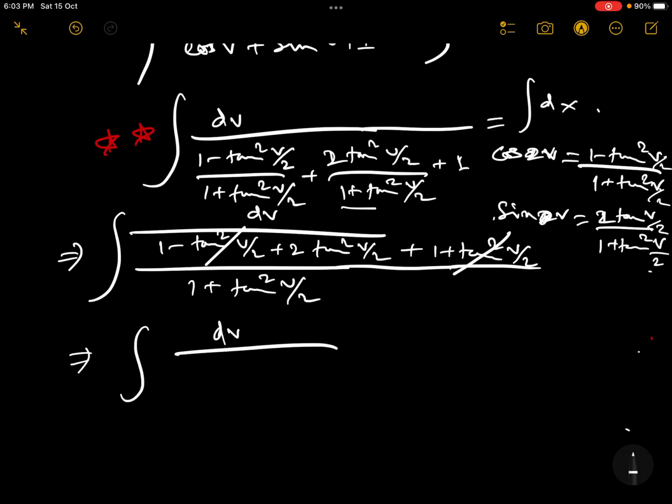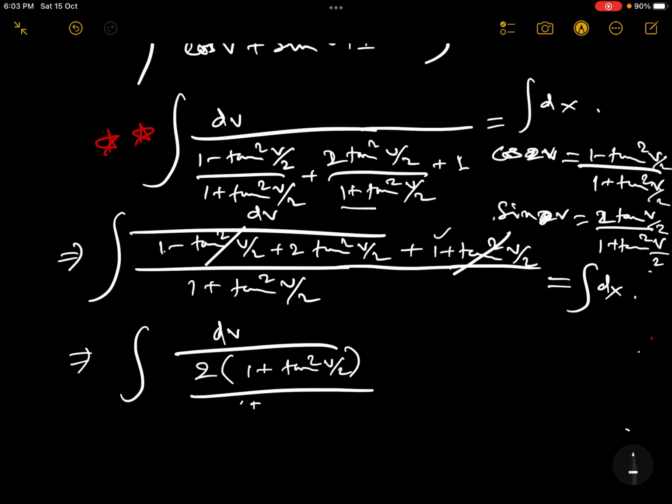dv by equal to dx is still there. 1 plus 1 is 2. Common 1 plus tan square v by 2, and then 1 plus tan square v by 2, another tan square v by 2.